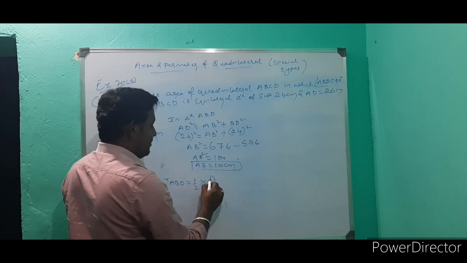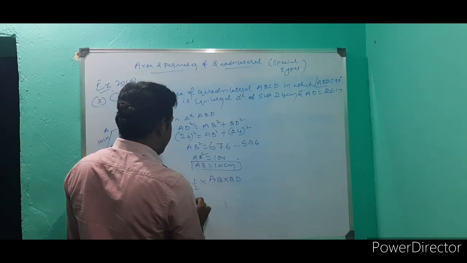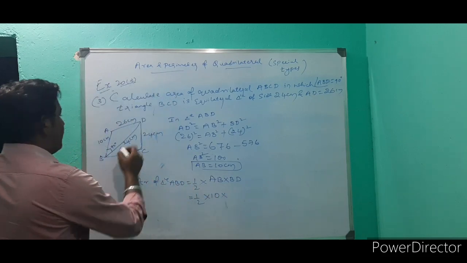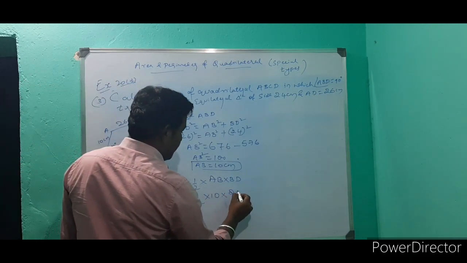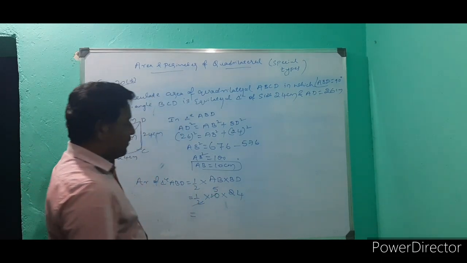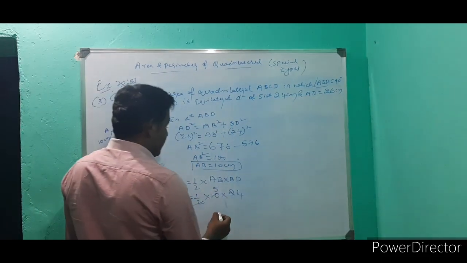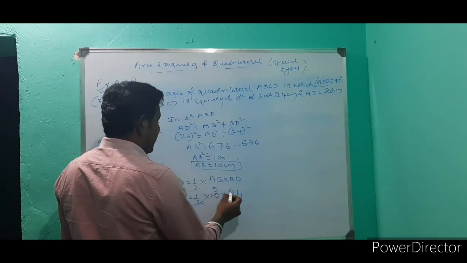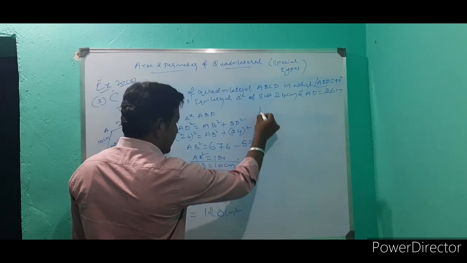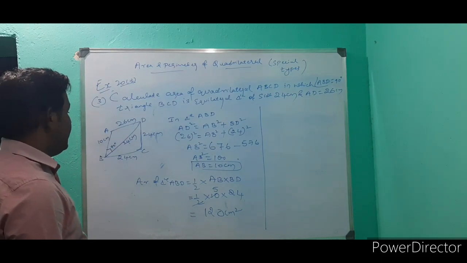Half into AB into BD, half into AB is equal to 10, BD is equal to 24. 2 ones are, 2 5s are. If you get the product, 5 4s are 20, 5 2s are 10, 120 centimeters square. So first we find out the area of triangle ABD.